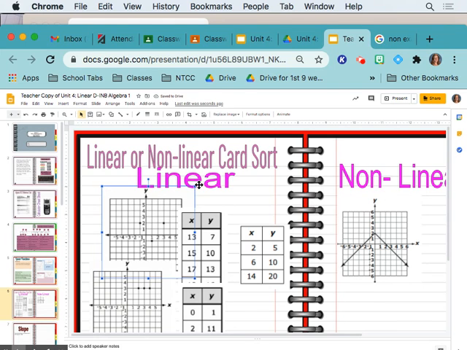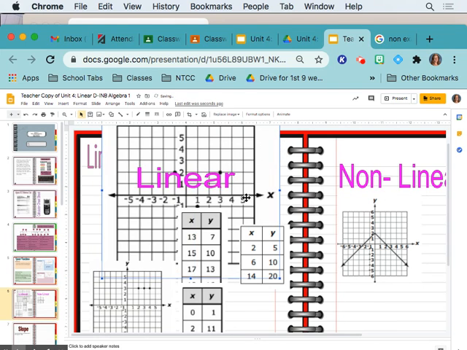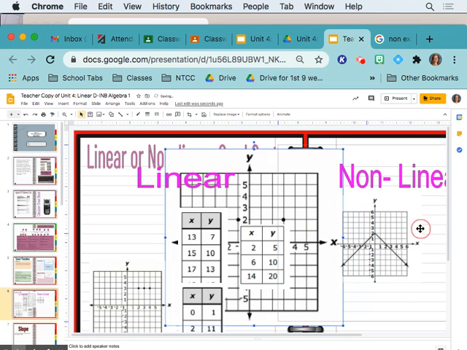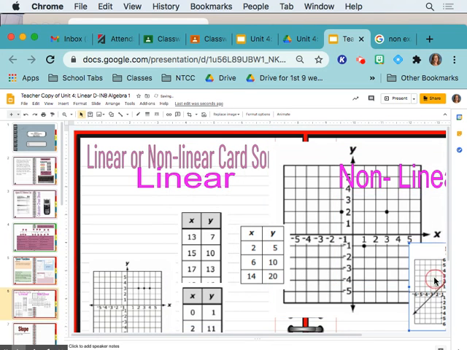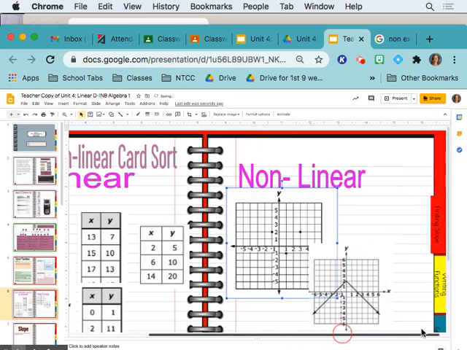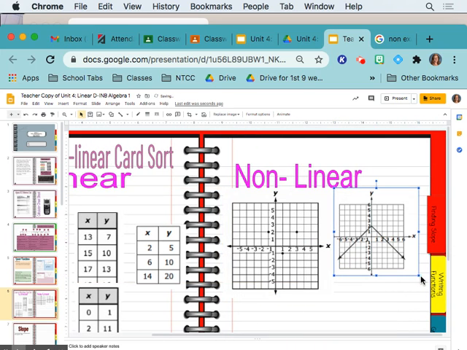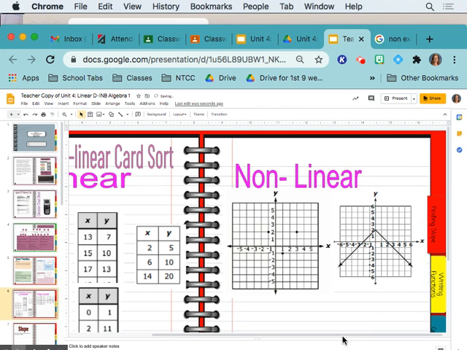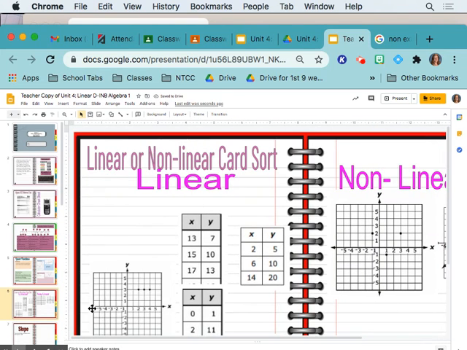These dots on this one. So if you need to make it bigger, you can. But look at these dots. It also makes a V. That is nonlinear. So move it over to the nonlinear side. Okay, let's see.